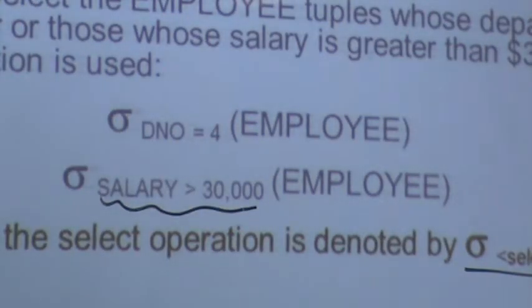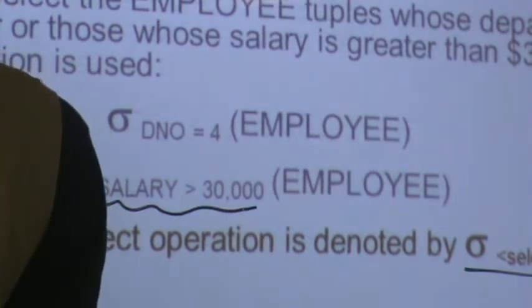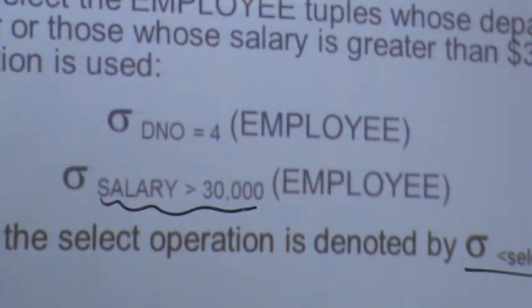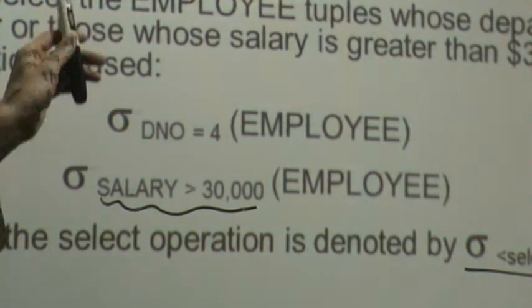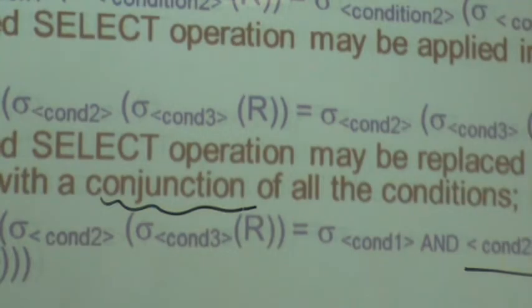It's used a lot. Frequently used. Okay? So this is called sigma, but the name of this relational operation is select. Okay? This is the example of the employee. Select employee.